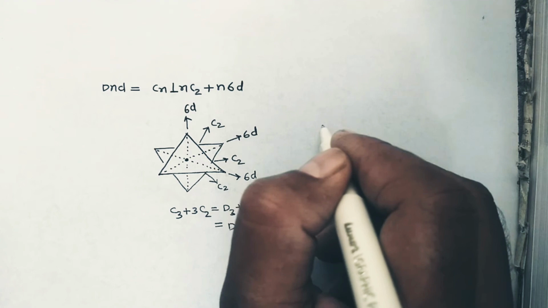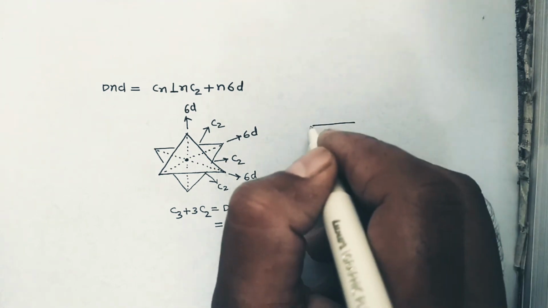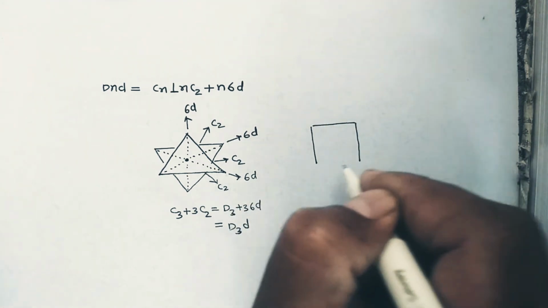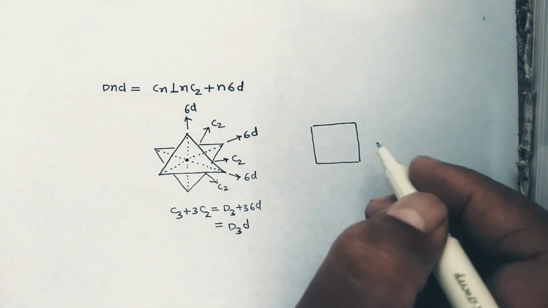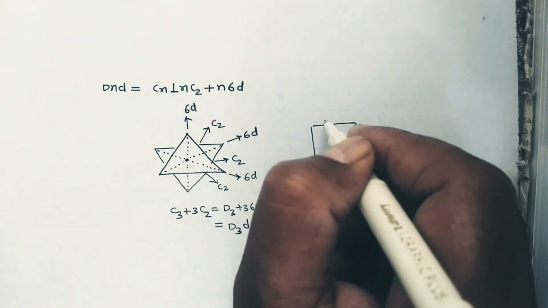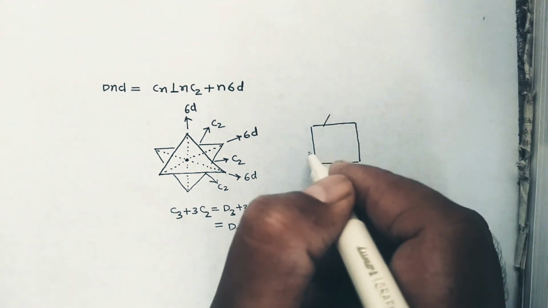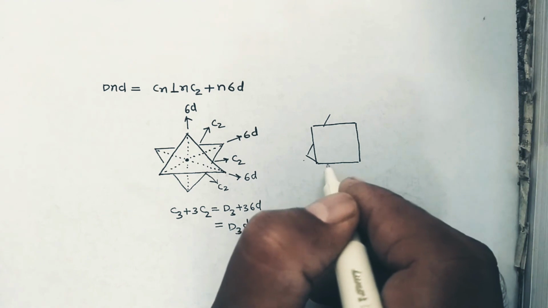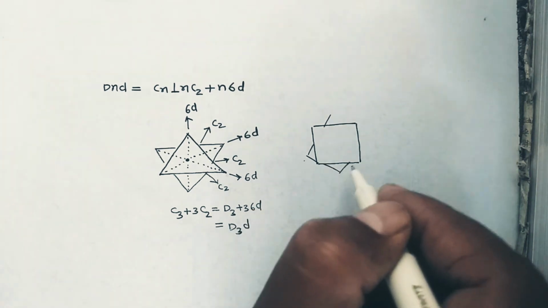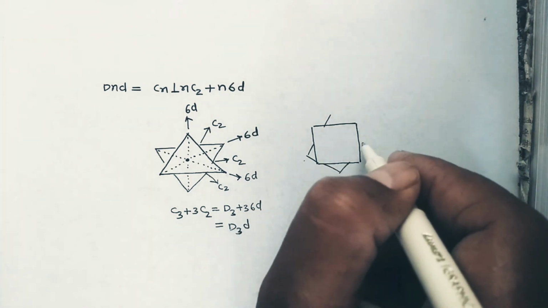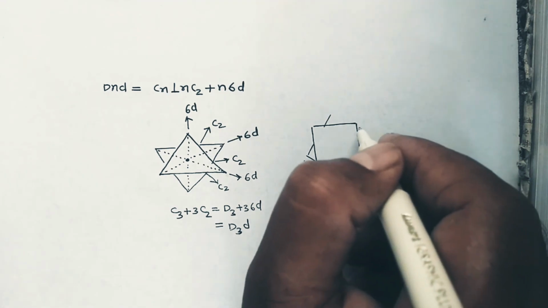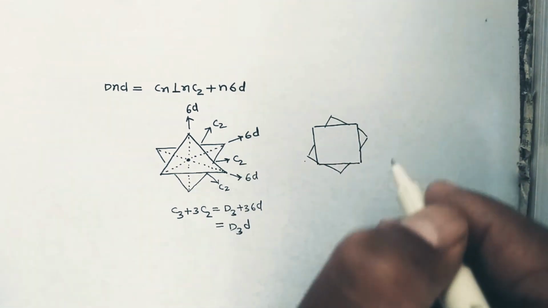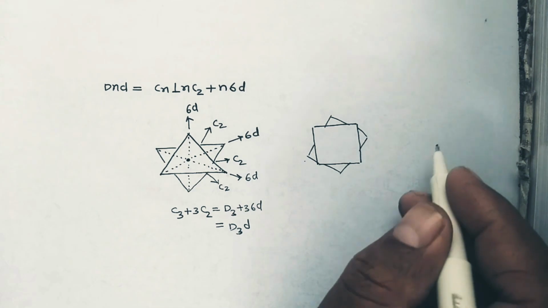Second example of Dnd point group is this type of object.